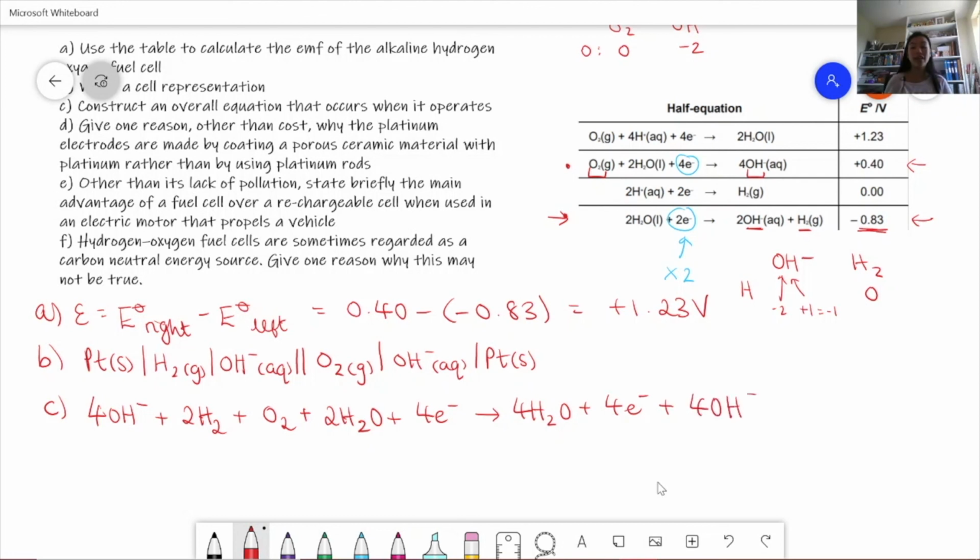And now we can cancel stuff out. So we can cancel the hydroxide ions out, and we can cancel the electrons out, and we can also cancel 2 waters out and turn this into a 2. And so the overall equation that we have is 2 hydrogens plus an oxygen goes to form 2 waters.